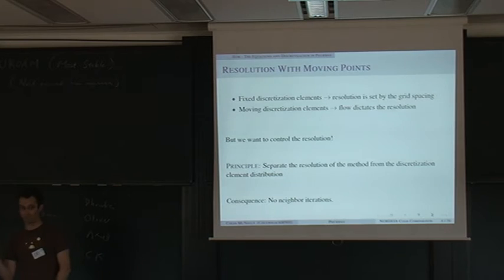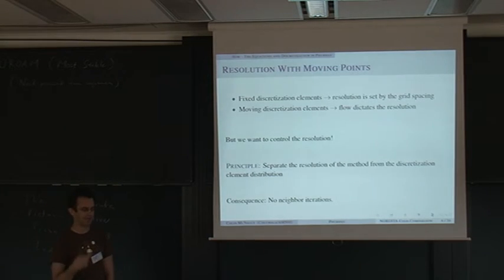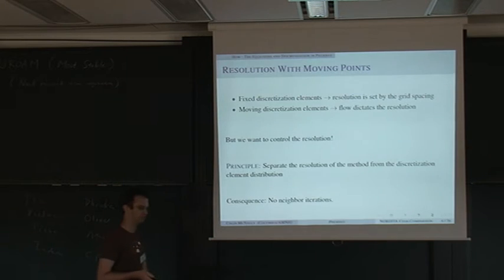But you can also have more, and allowing that to happen is a useful thing to do in this sort of method. One of the consequences of separating this apart is that when I go to have moving points and I have to do neighbor searches, I don't have to iterate on the neighbor search to get a certain number of neighbors, because my stencil size is going to be fixed by my resolution criteria, not my local distribution of points.